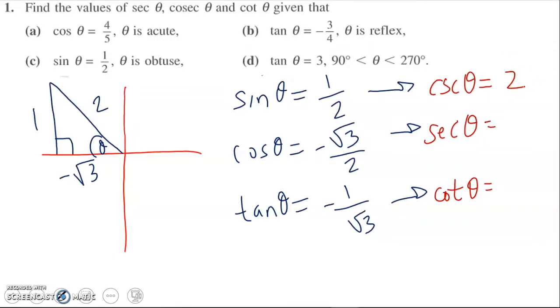Cosine's inverse is secant. I'm going to rationalize this already. When you rationalize this, you should end up with negative 2 square root of 3 over 3. Cotangent should end up being negative square root of 3. So those are your answers for 1A, 1B, and 1C. 1D you can look up on your key.